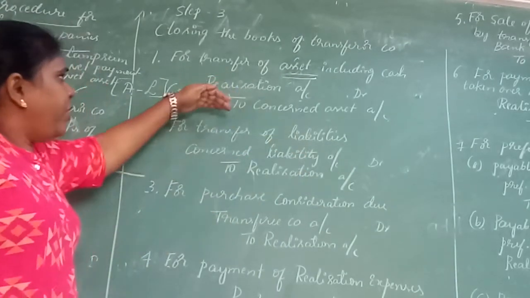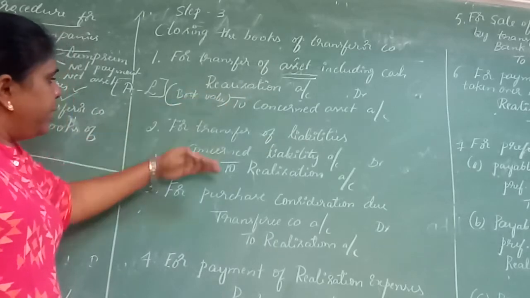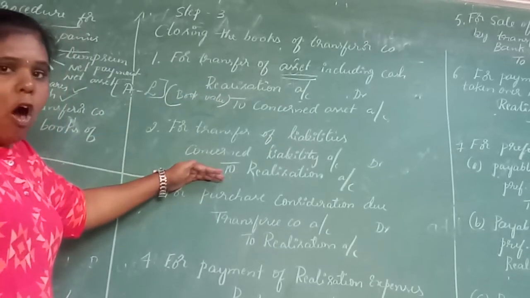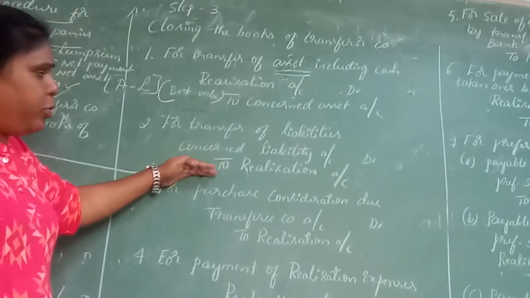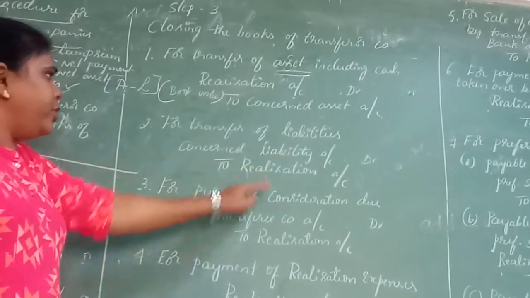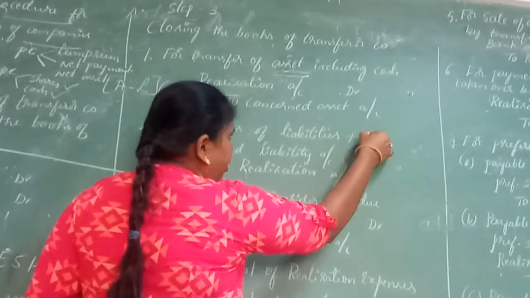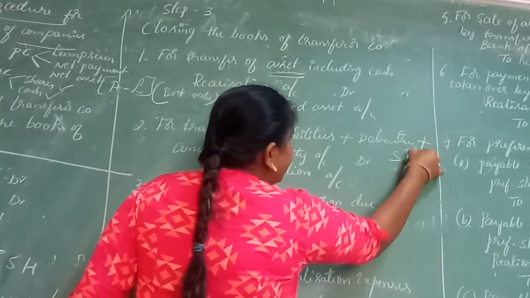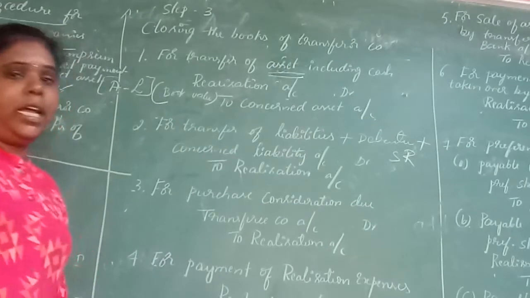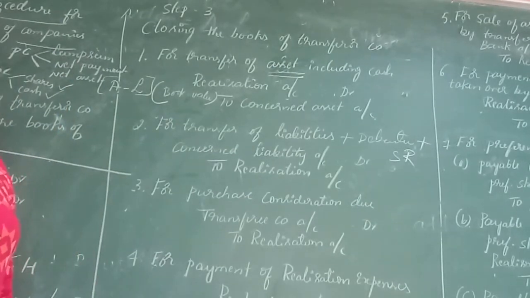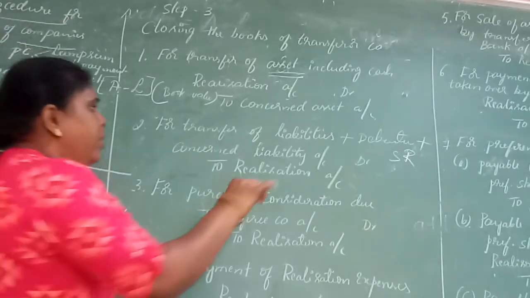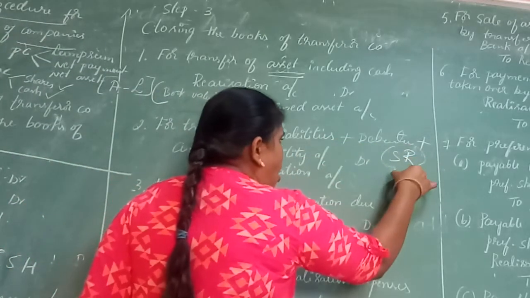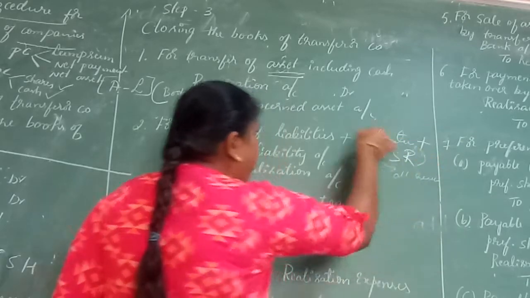If you transfer all assets at book value, the second thing is you have to transfer all liabilities of the transferor company to the realization account. Liabilities include debentures and also statutory reserve in case of amalgamation in the nature of purchase. In amalgamation in the nature of merger, you have to transfer all the reserves along with liabilities.